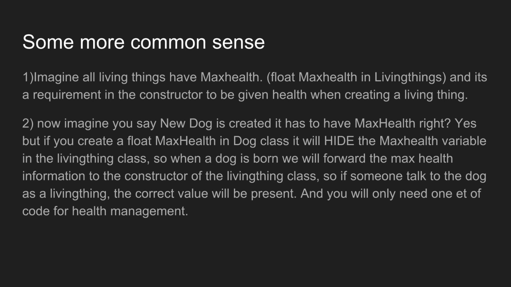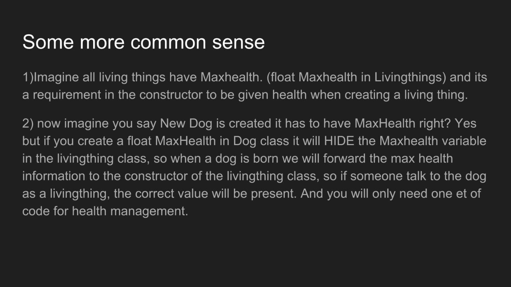comes another important point. Do you make a new variable called maximum health in the dog recipe? Should you? It depends, and in our example, we shouldn't. Why? Because if we create a maximum health variable with the exact same name as the one in the living things recipe, which we are inheriting from, the dog's maximum health variable is going to hide the maximum health variable in the living thing class.